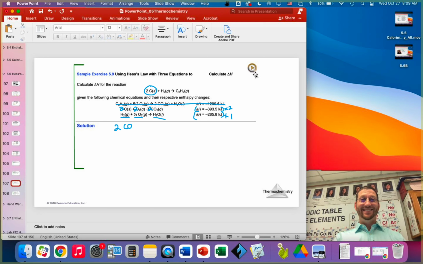So I have 2 carbon dioxides in the gas phase, plus water, which is the liquid phase, and that is turning into acetylene, which is a gas, and 5 halves of an oxygen molecule. You'll notice that in thermochemistry and electrochemistry, it's pretty common to have fractional coefficients.